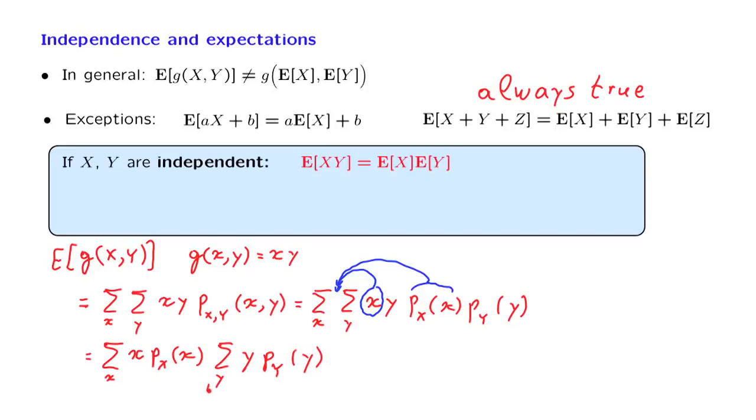But now we recognize that here we have just the expected value of y, and then we will be left with another expression, which is the expected value of x.